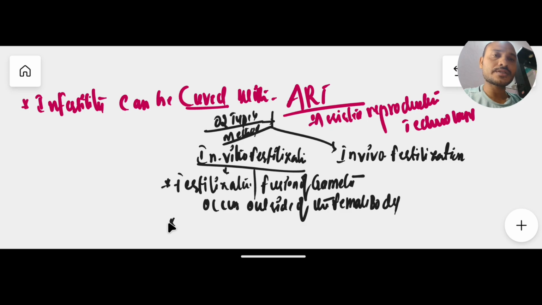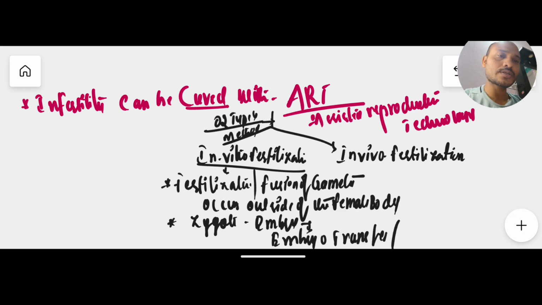After fertilization, a zygote is formed, and the zygote later develops into an embryo, and this embryo is later transferred into the female body. That concept is called embryo transfer, simply ET. After fertilization, it is followed by ET, embryo transfer.